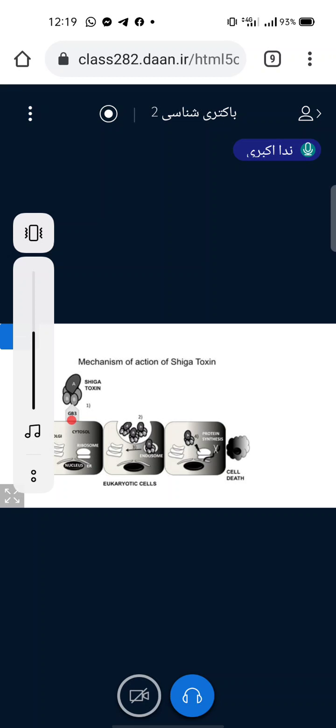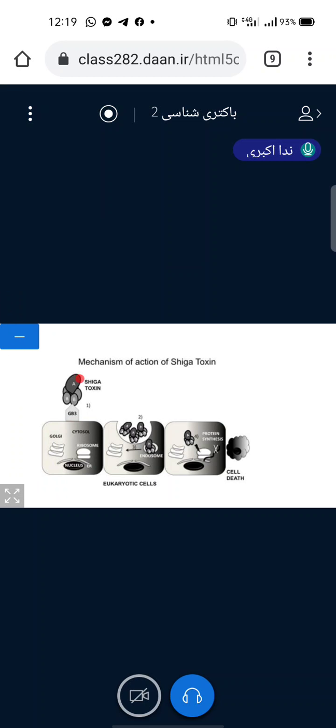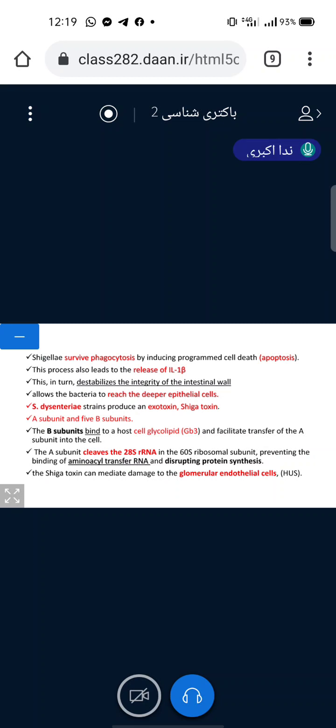It is attached to Gb3, and then the A subunit enters the cell, and protein synthesis is stopped. So the host cell is damaged. And as I told you, Gb3 is found on the glomerular endothelial cells in the kidney, so Shiga toxin can mediate damage to the kidney, HUS.